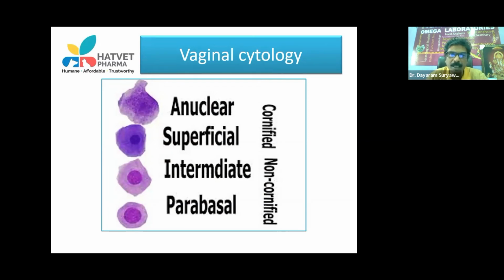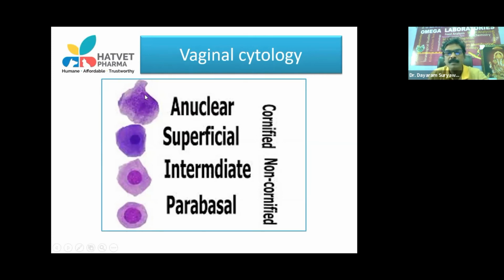The first is anuclear cells, meaning there is a disappearance of the nucleus, so this could be called highly cornified cells. Anuclear, the nucleus is absent. Then superficial cells, where the nucleus is present at the center but about to disintegrate. Then intermediate cells, with a little more enlargement of the nucleus, and the parabasal cells. So these are parabasal cells, intermediate cells, superficial cells, and anuclear cells.